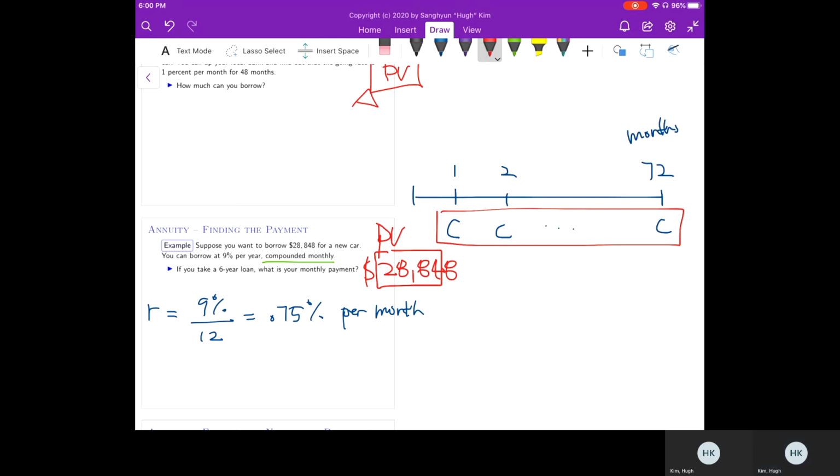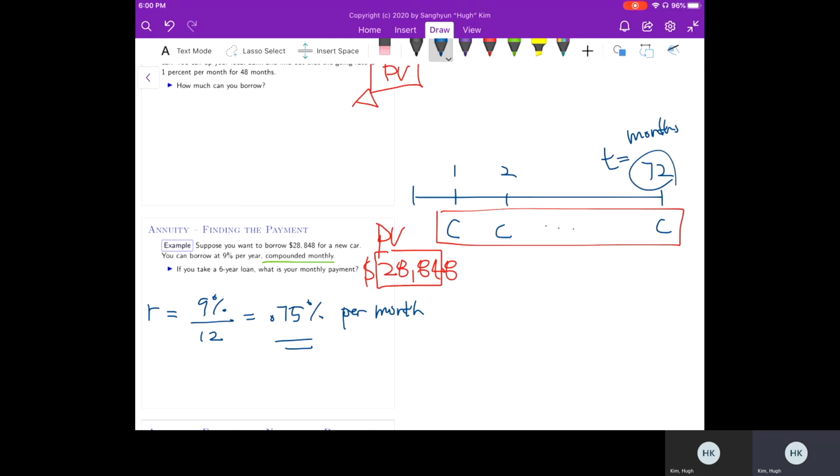The interest rate is given here, and the number of payments, the period, is given here, that is T. So we can use the present value of annuity formula to find the monthly payment.